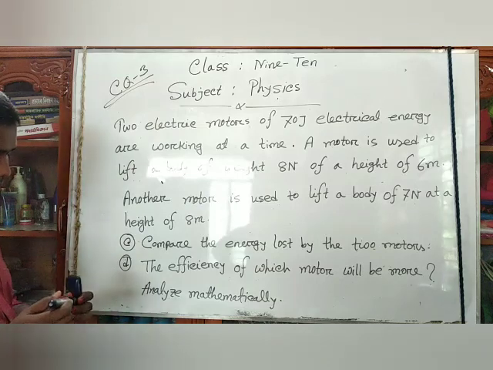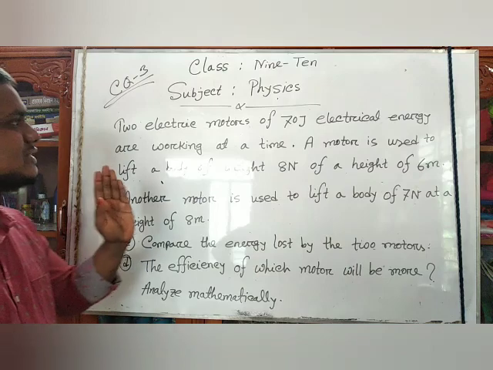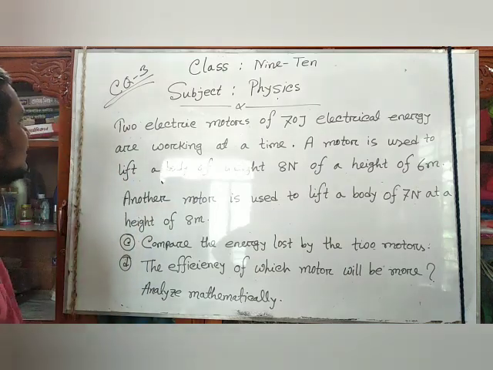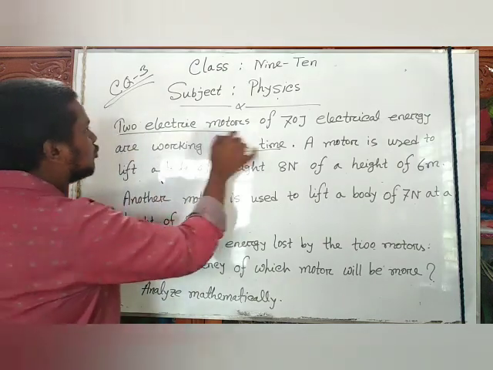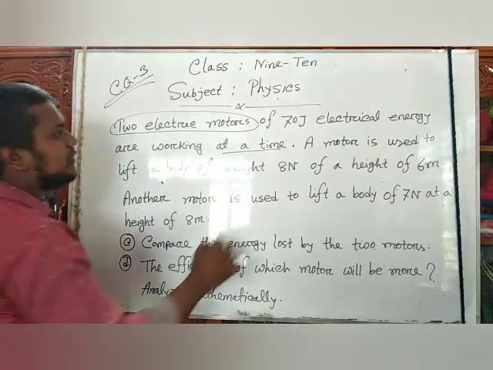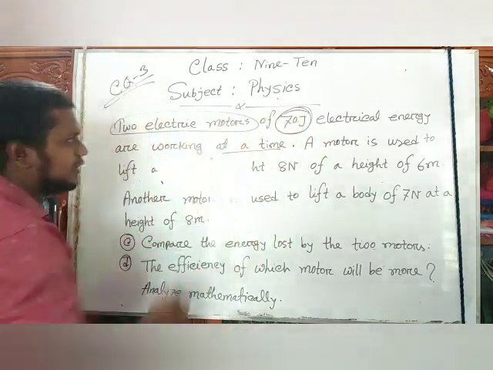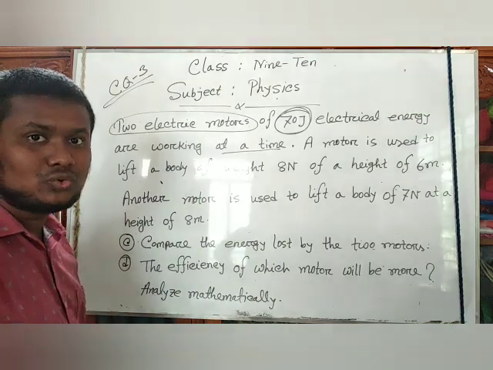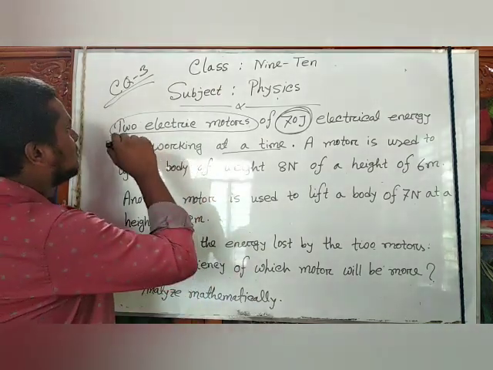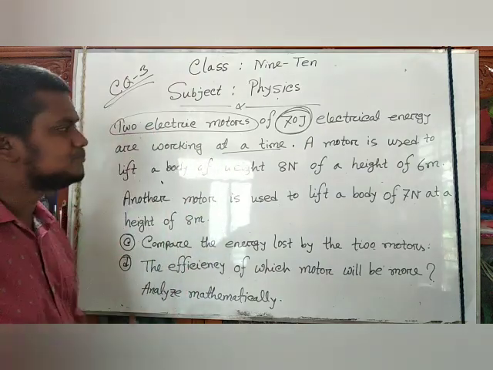Dear students, the question is: two electric motors of 70 joule electrical energy are working at a time. The value 70 joule is the electrical energy of each of the two electric motors.